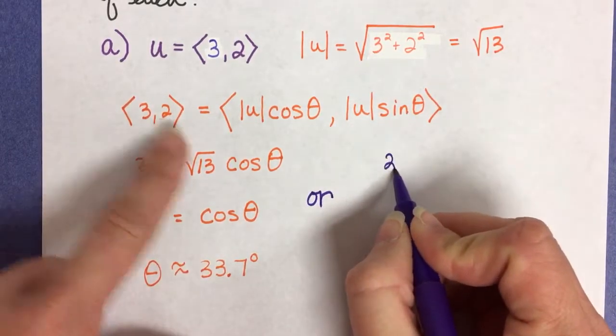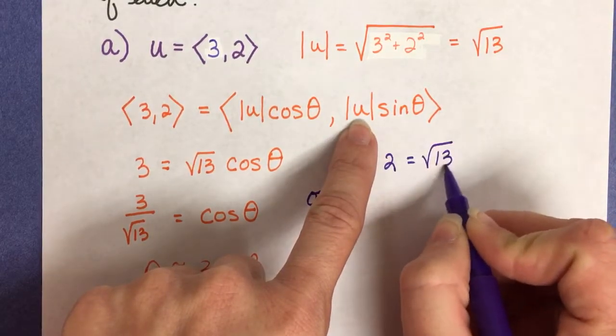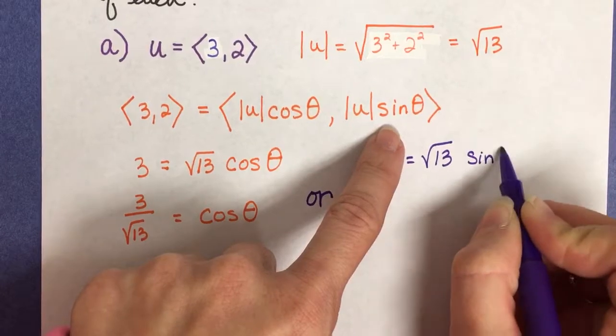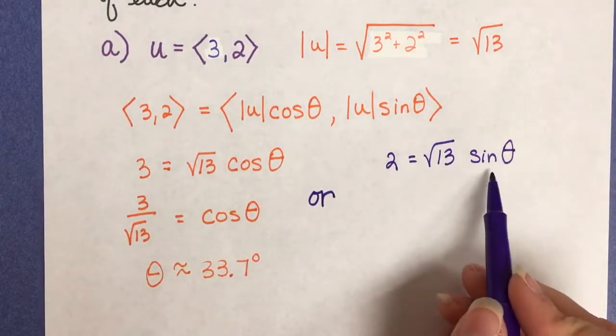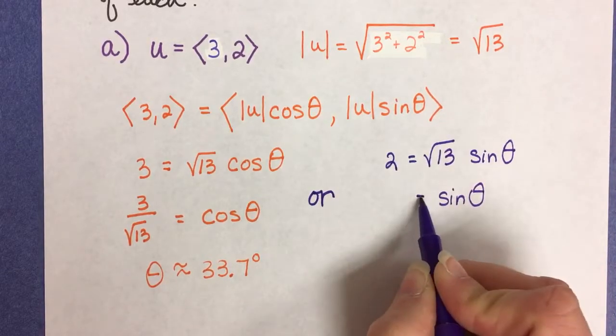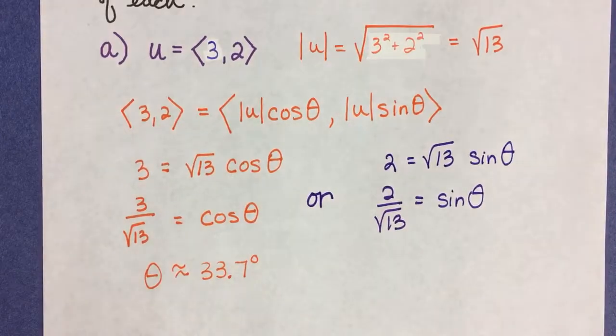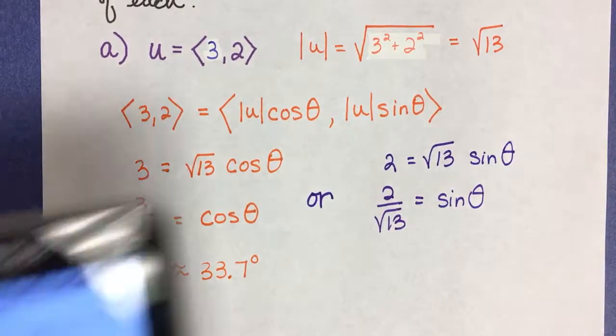So you would say 2 is equal to, again, magnitude is square root 13 times sine theta. Okay, so I would need sine theta on one side by itself. So that means that I would divide by square root 13. And at this point, you would put this in your calculator.